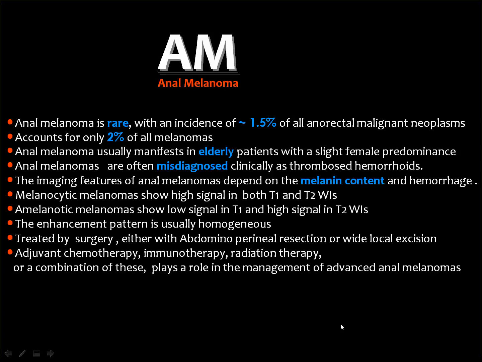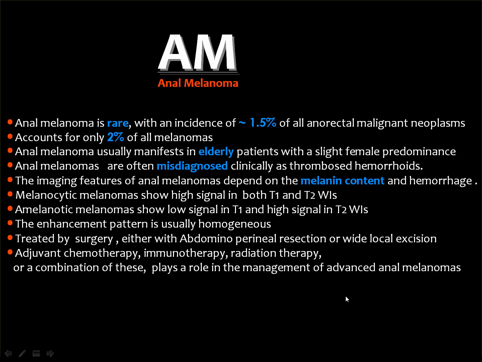Then we have the melanoma. Melanoma is rare in the anal region, and the incidence is about 1.5% of all anorectal malignancies. Anal melanoma accounts for 2% of all melanomas, is seen in the elderly, and frequently is misdiagnosed as thrombosed hemorrhoids.